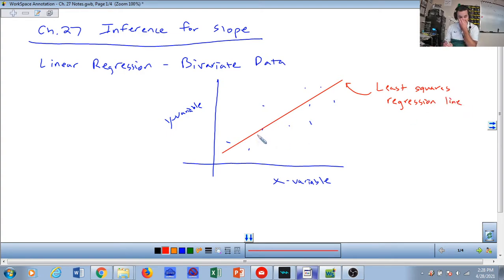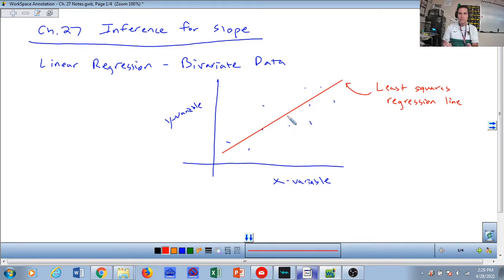So basically, we're going to now do a confidence interval for the slope. So we're going to get some slope from our technology, right? Whatever that slope is, but we want to show that we understand that the true slope of the population might not be what we get from our sample, right?